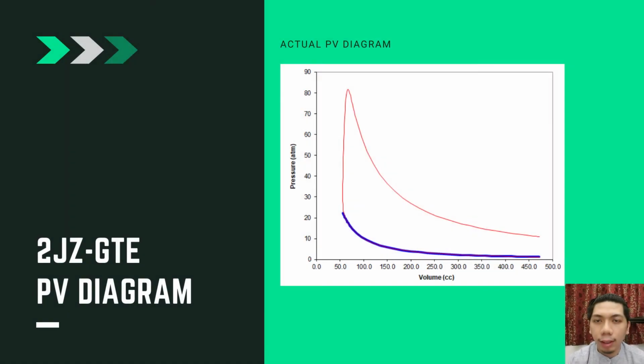Alright, now we have the actual PV diagram for our engine, and just now I showed the ideal type of PV diagram from the Otto cycle. We gained this graph from the input of the clearance volume, which is VC, and we can see that we want to find the peak of the pressure, which is the maximum pressure of our engine.